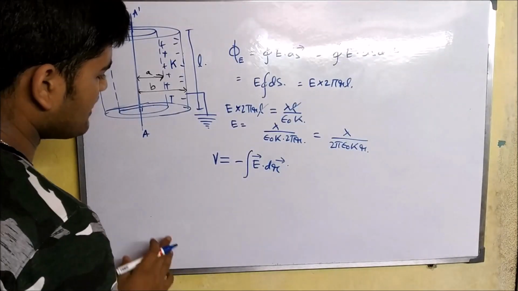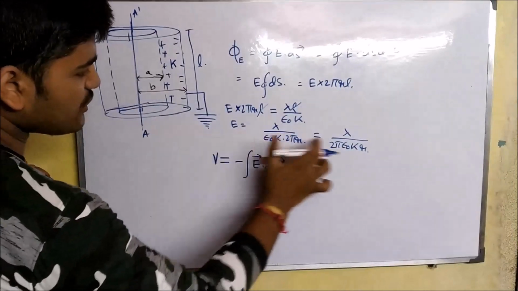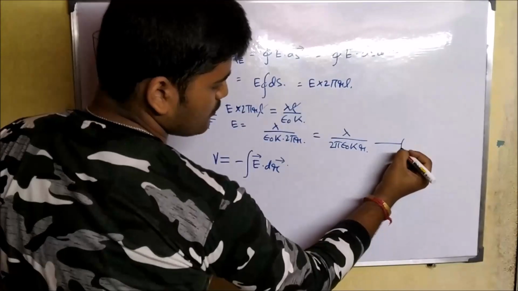So we can see that this E equals λ by 2πε₀K·R, which we term as equation number 1.